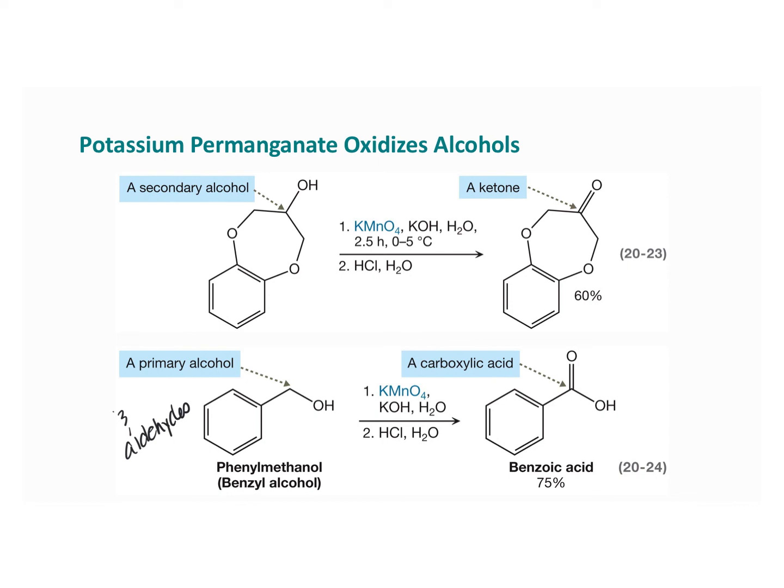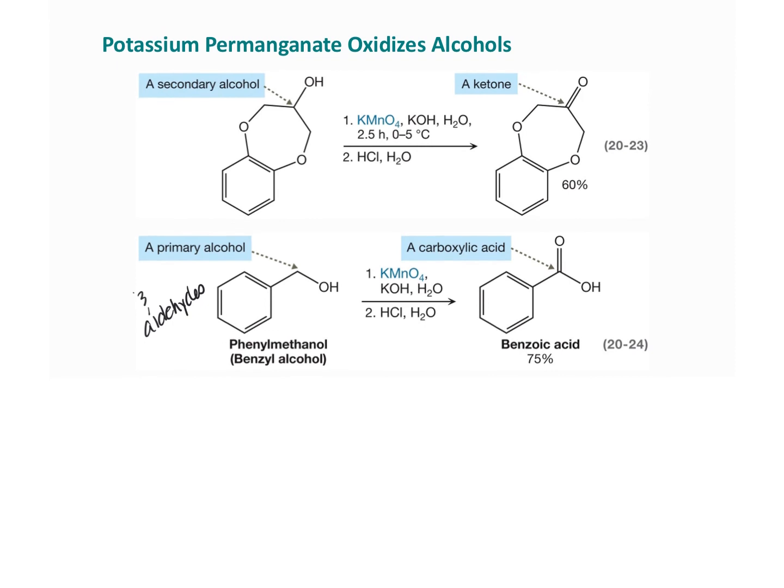It may seem that potassium permanganate and chromic acid are interchangeable, but they aren't. The reason they're not is because H2CrO4 is more selective than KMnO4. We're going to look at this more in chapters 24 and 26, but KMnO4 can oxidize a variety of compounds in addition to alcohols and ketones.